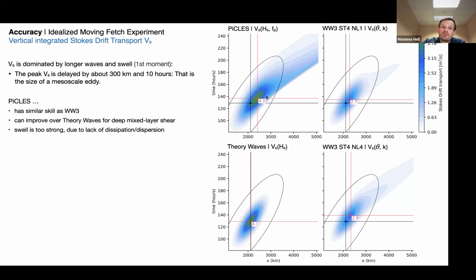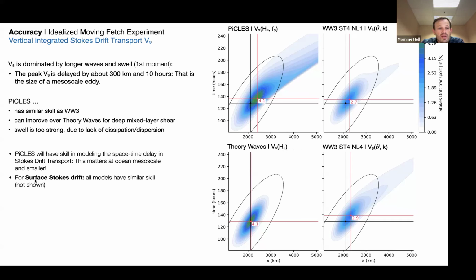But what I'm showing here is that we can recreate the first order dynamics, and the first order dynamics are important even for Stokes drift in the open ocean. If you care about surface Stokes drift only, then this difference goes away. I don't show that slide because of time constraints, but then this point collapses back here, and Theory Waves has a lot of skill and can basically reproduce what WaveWatch is doing.